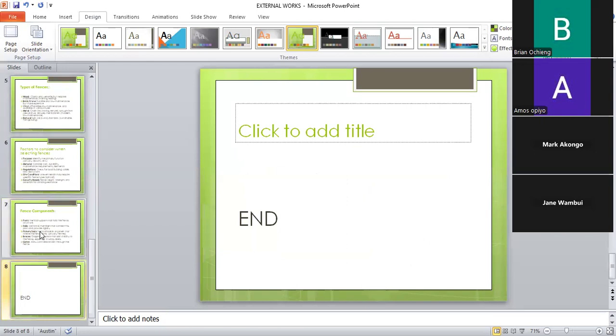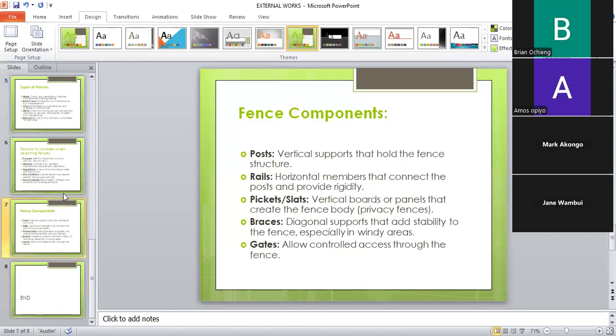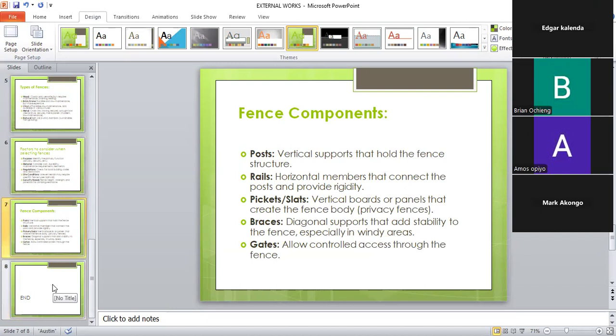Hey, Mark. Yes. For example, there are certain plants you plant around a certain land. For example, kayaba. I don't know if you know about kayaba. These are the thorny fencing. Is it a type of fence or it's just a plant?